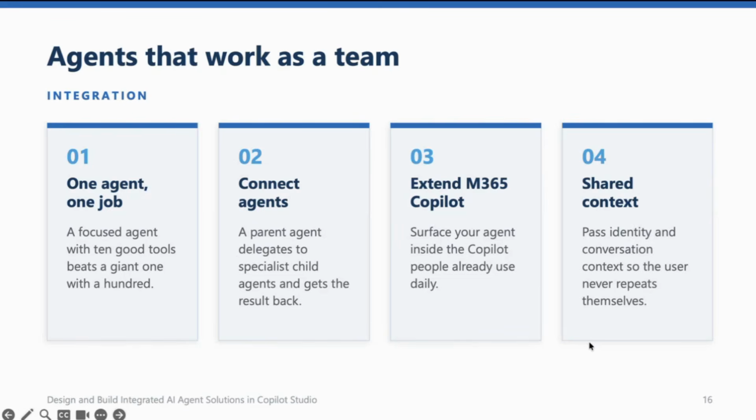The IT agent is going to give the answer about the laptop and the HR agent is going to give the answer about the remaining holiday. The parent agent is going to combine both responses and the answer will be sent back to the end user. Okay. Because they share context and identity, the person never has to repeat their employee number, right? Small focused agents scale and a giant one stalls.